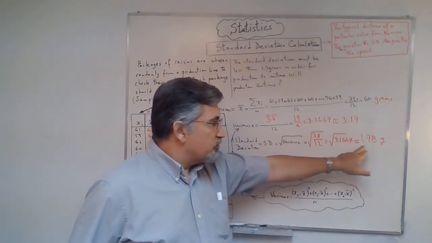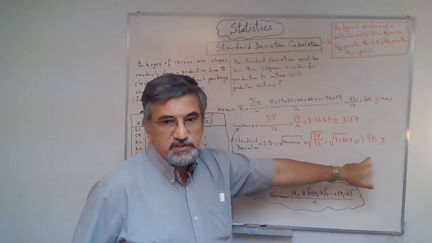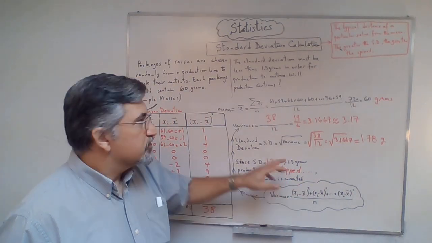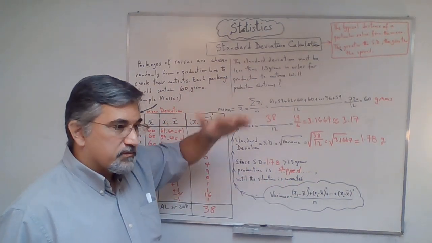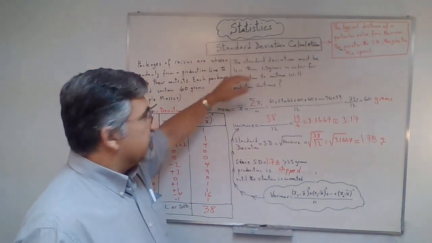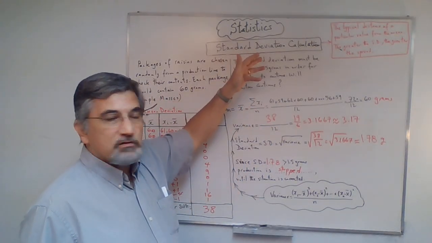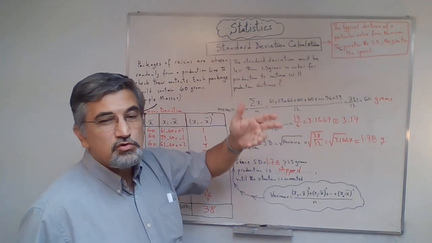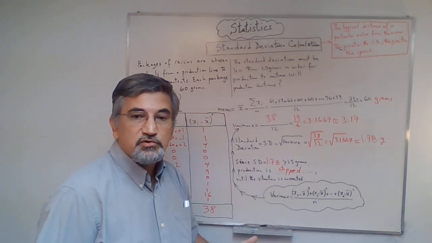So 1.78 is more than 1.5 grams, and therefore the production must stop. Now, what if we did the calculations and got 1.2, for example? 1.2 would be less than 1.5, so that would be in line with, let's say, the provincial standards. It would be okay for the production to continue.